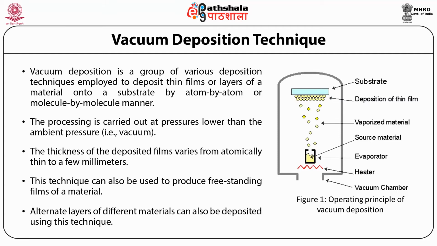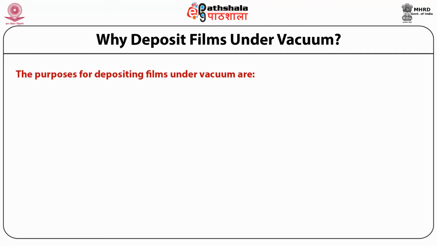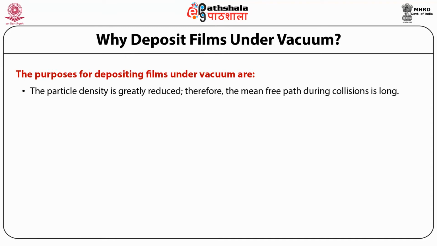The purposes for depositing films under vacuum are: first, the particle density is greatly reduced. Therefore, the mean free path between collisions is long. Secondly, there is less contamination. Then, there are low pressure plasma conditions.